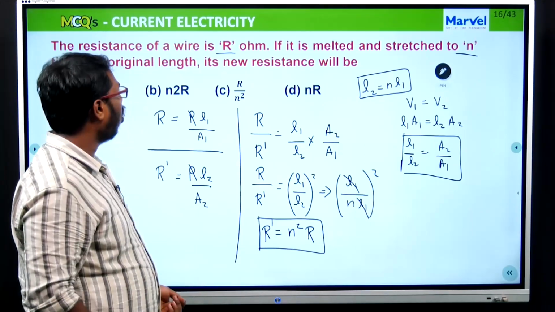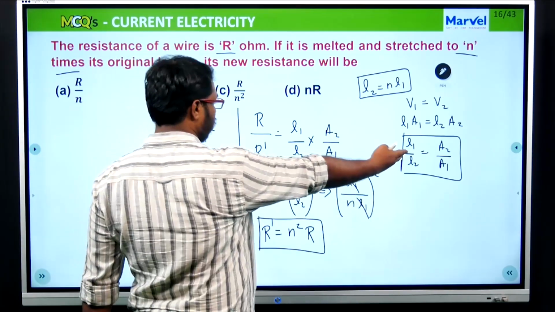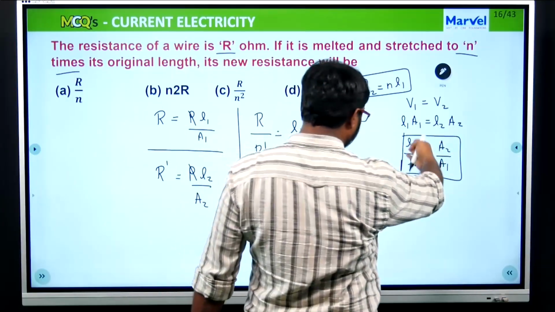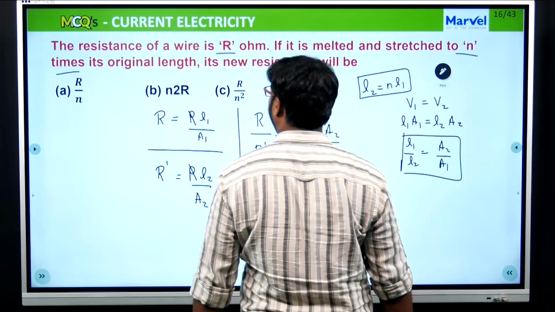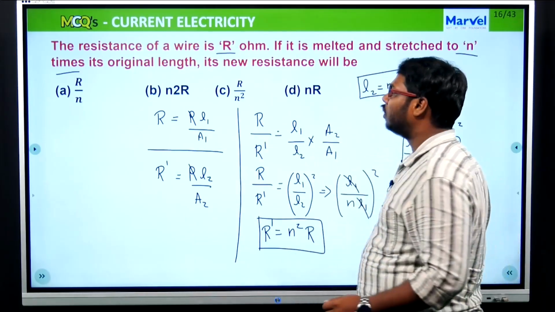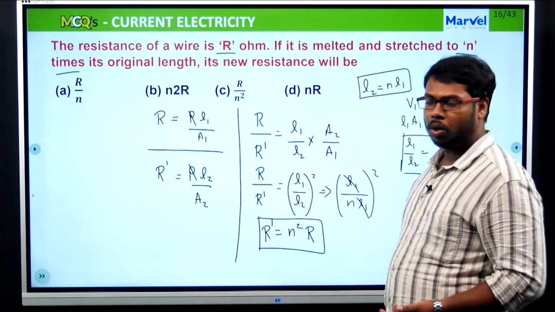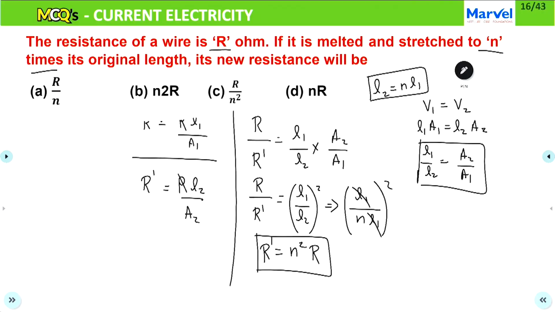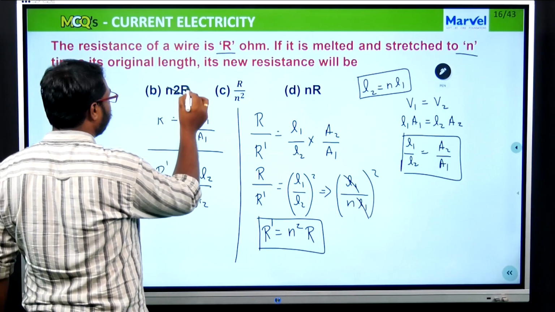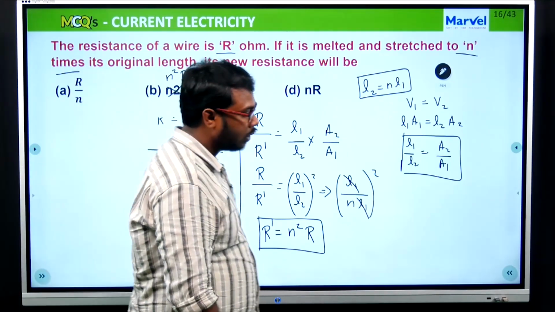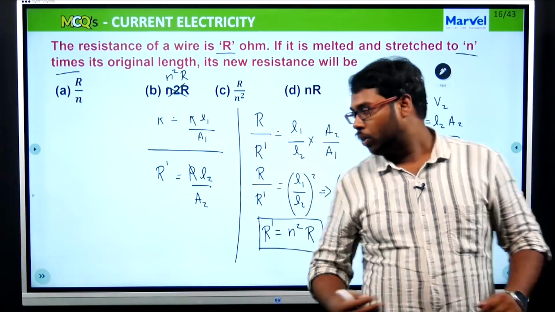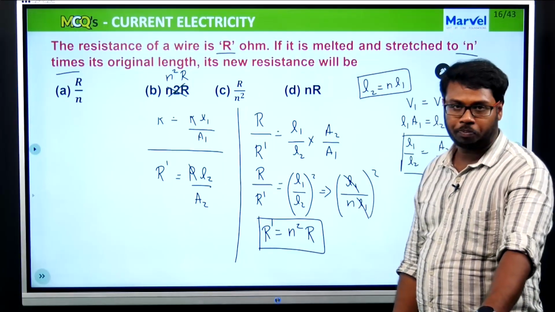Of course, it's very obvious that your resistance is directly proportional to length, and if your length increases, your resistance will also increase accordingly. The option B has a small typo error, which is our correct option. So I am going to change it to n squared R. So your option B goes as n squared R. That will be our answer.